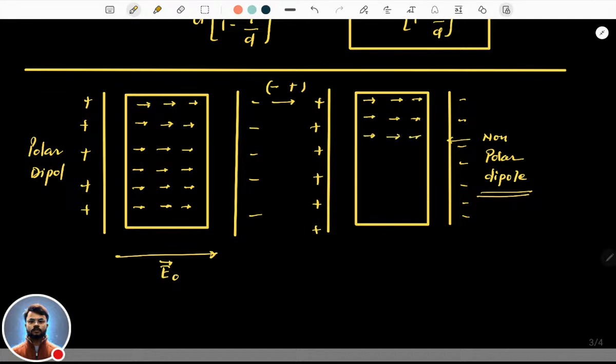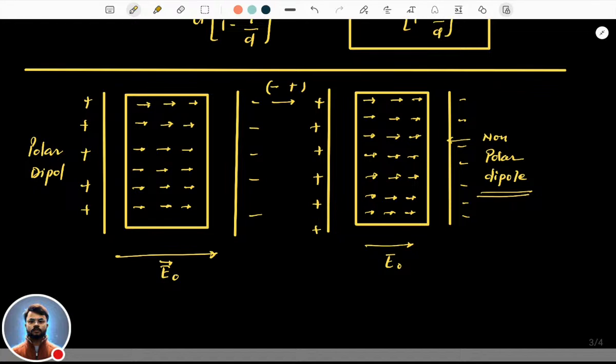So when we introduce an external electric field around the dipoles, no matter whether they are polar or non-polar, they both align themselves in the direction of the electric field. They both behave the same when an external electric field is present in that space.